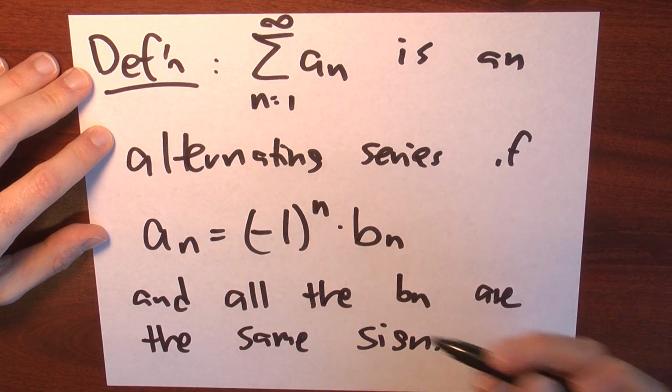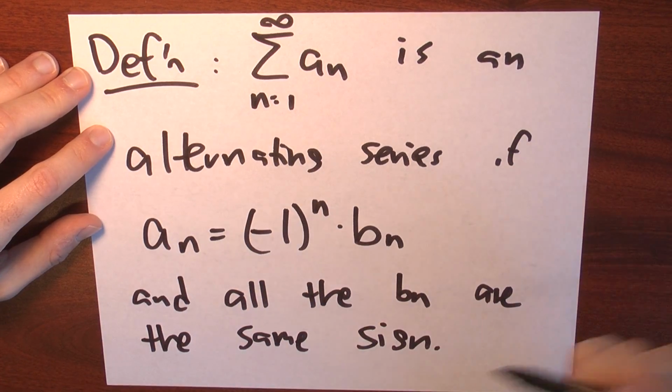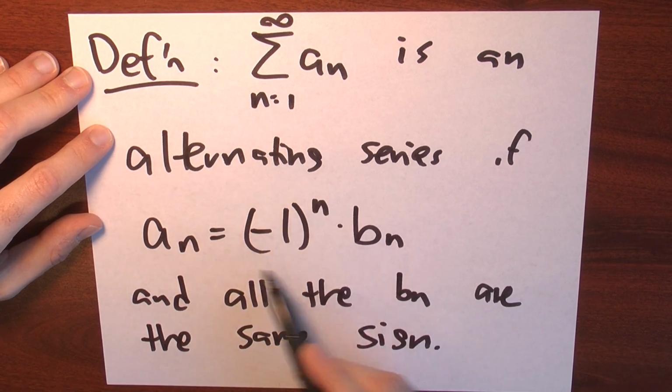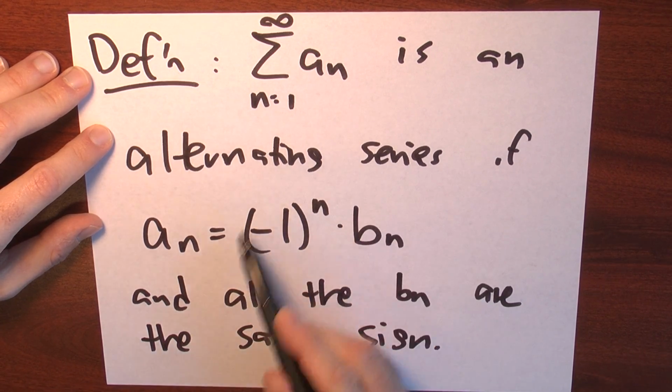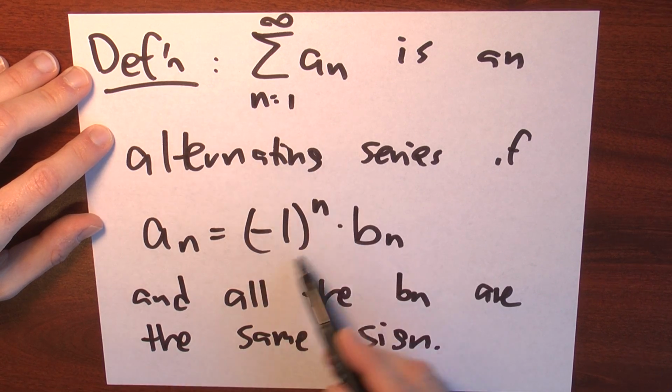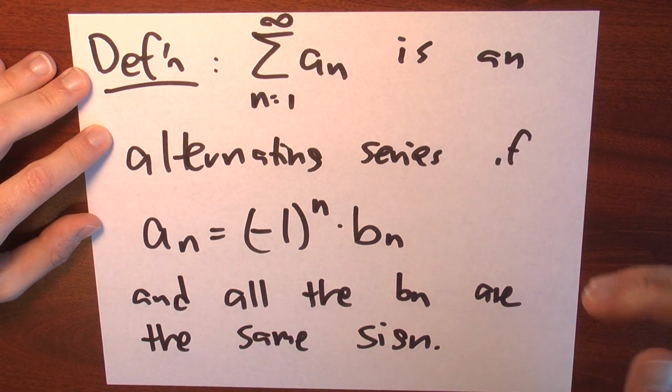So maybe the b sub n sequence is, say, all positive, and then a sub n has this term here times a positive sequence. Well, this term is what makes the signs flip-flop back and forth.